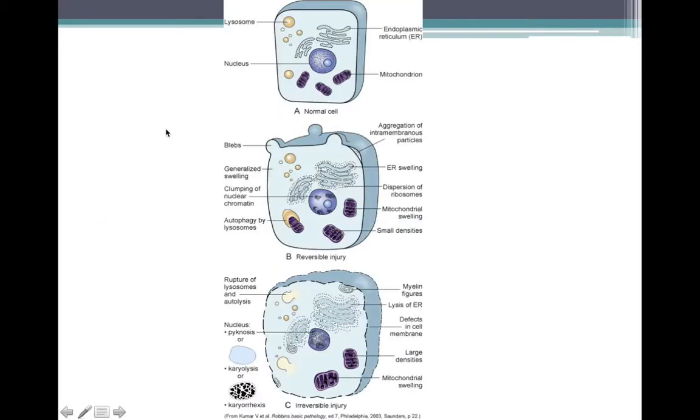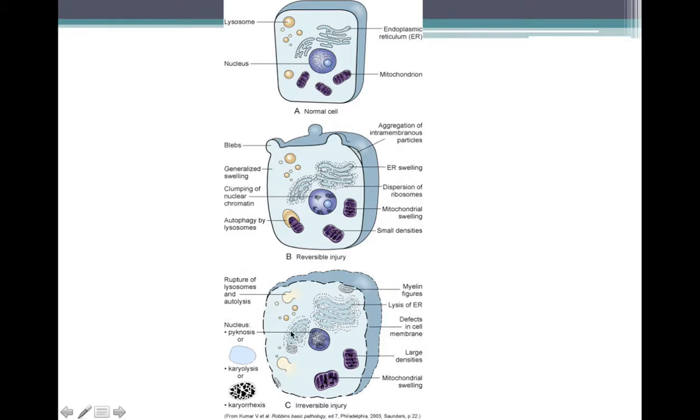Now, what's common though with all these forms of necrosis is that at the cellular level, we can start to see these blebs that form during reversible cell injury. And these blebs are more consistent with hydropic swelling. But if that form of cell injury becomes more severe, what happens is that the plasma membrane starts to break down.